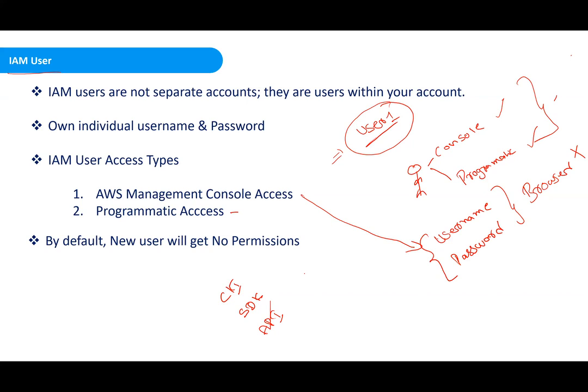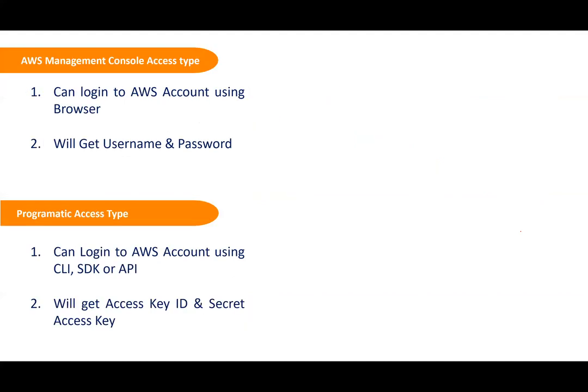In that case, they will create some API and it will establish the communication between the application and the backend services. And at that time, they require some kind of login, right? Automatic login. That can be done using the programmatic access. If you create any user with the programmatic access, they don't get the password. Instead of the password, they will get two components called access key ID and secret access key. Okay, I will show you that.